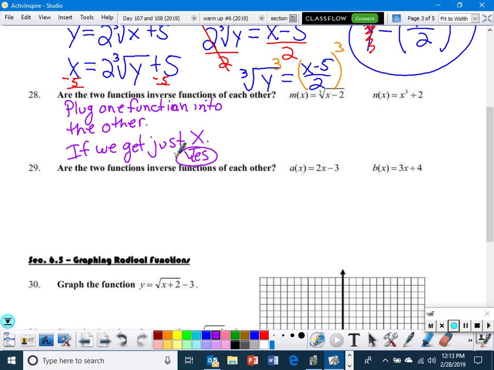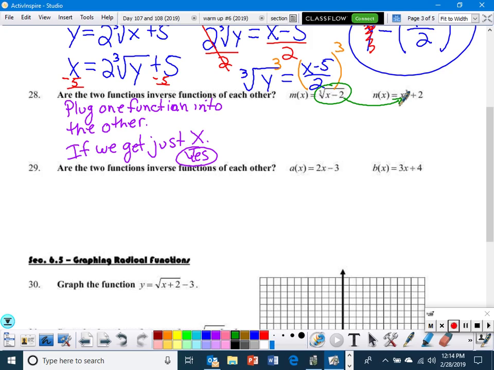All right, so here we go. So I'm going to go ahead and plug this one into this one. Okay, if one works, the other should work. So I'll show both of them. I'll do both of them.